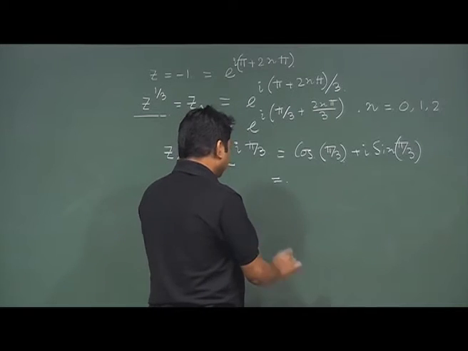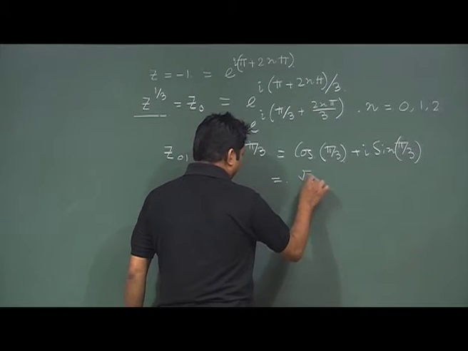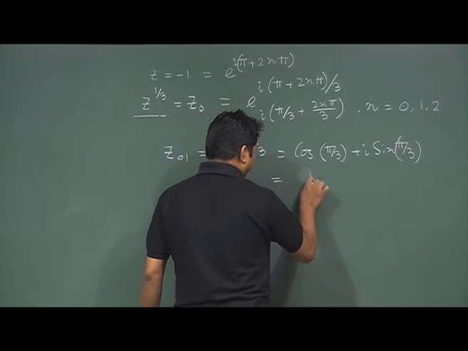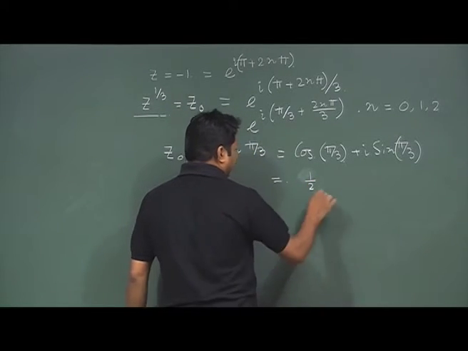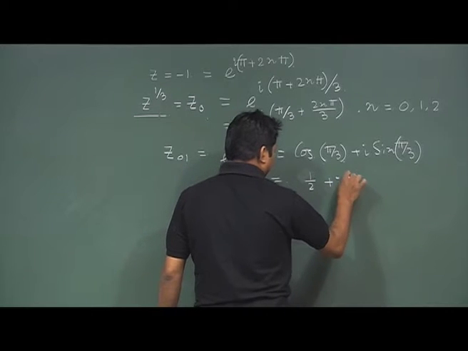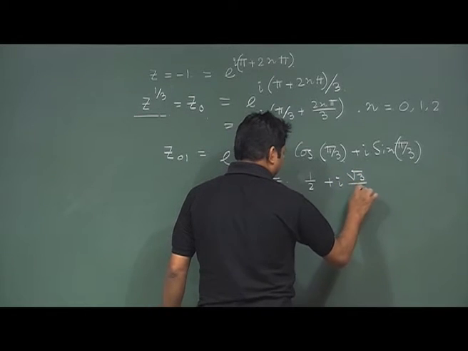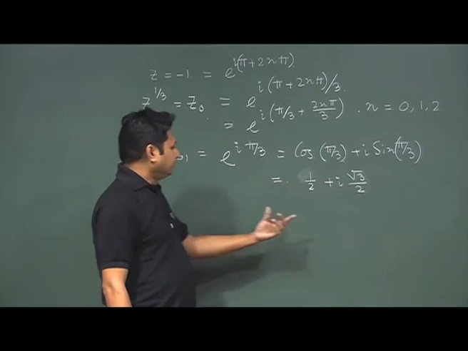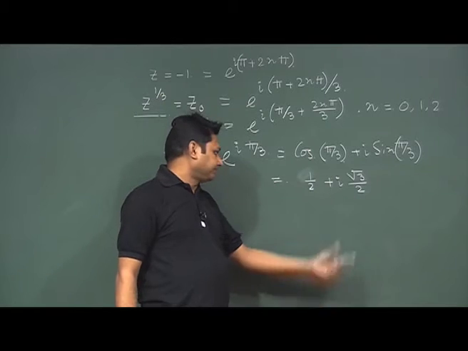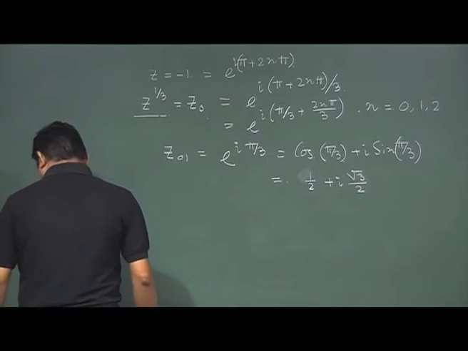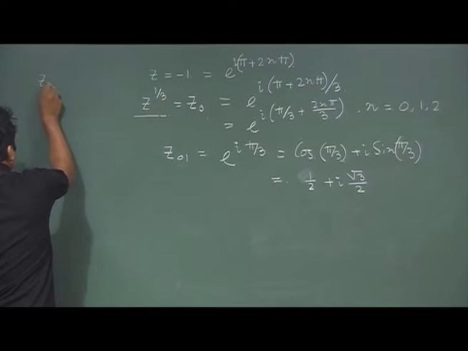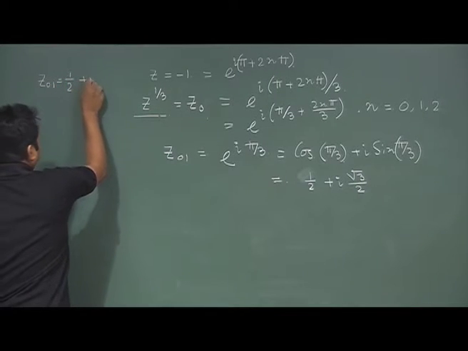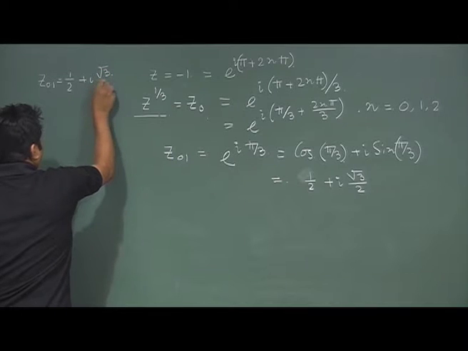Cos 60 degree is half, and plus I root 3 by 2. So the first root I calculate and I have this one. If I write here, my z01 is half plus I root 3 by 2.